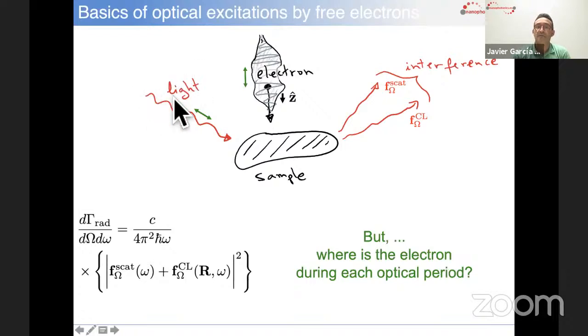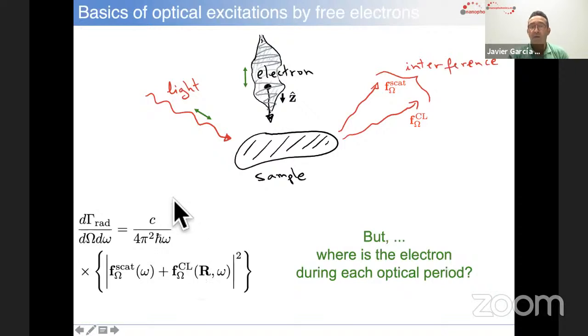Whereas the light consists of optical cycles, typically for 1 eV, these optical cycles last for 4 femtoseconds each. So the wave function of the electron gives you the distribution of where the electron is, but then you don't know where the electron is. There is an uncertainty, and therefore it's not clear that this interference must be maintained like this.